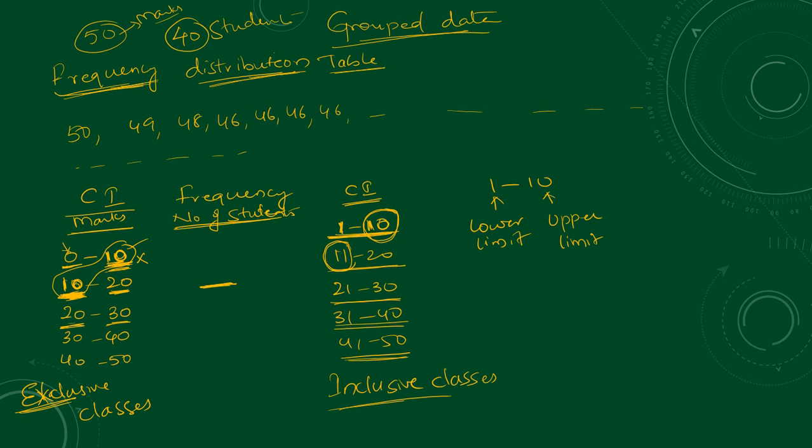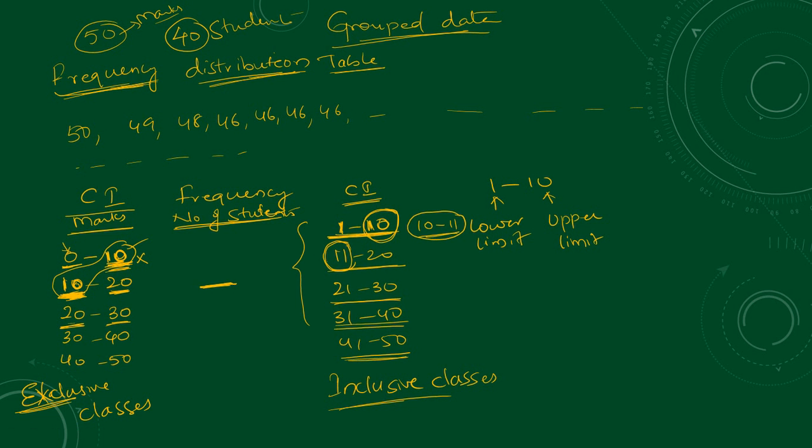Okay, next, there are some situations where we get a value between 10 and 11. In such situations we cannot represent it in inclusive classes. Can you represent a value between 10 and 11 in any of the classes? No, so the data will be lost.